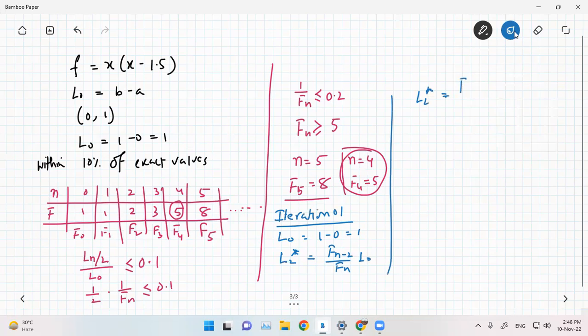So F n minus 2, that is F3 by F5 into L0 is 1. So F3 is 3, so 3 by 8 into 1. So 3 by 8 is basically the value 0.375.